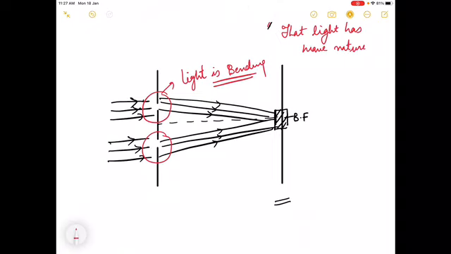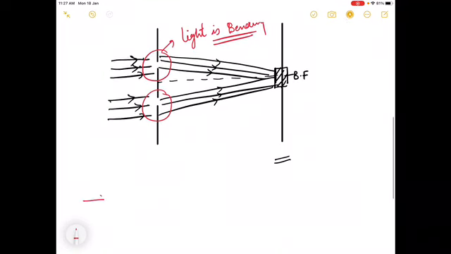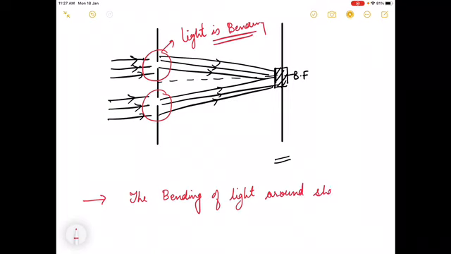So what is this diffraction of light? It's very simple. Diffraction of light simply means the bending of light around sharp corners of obstacles or apertures.